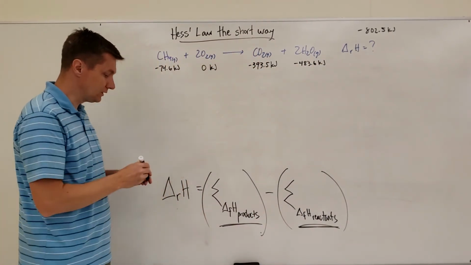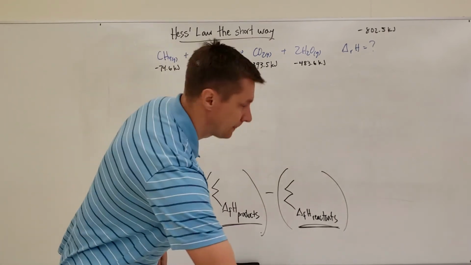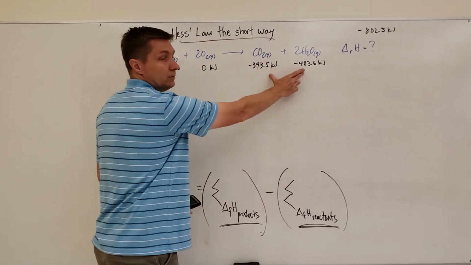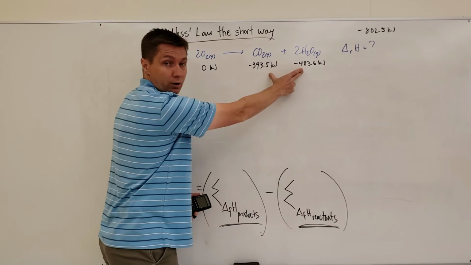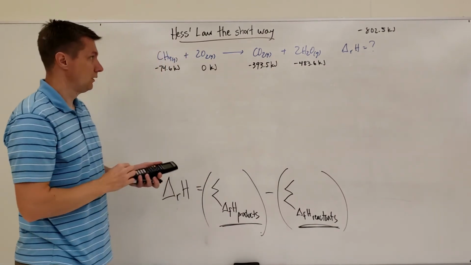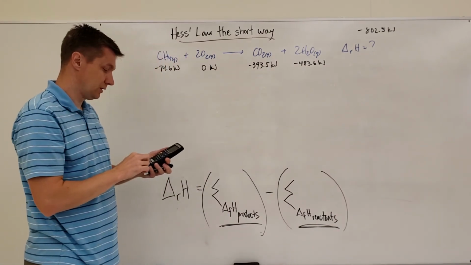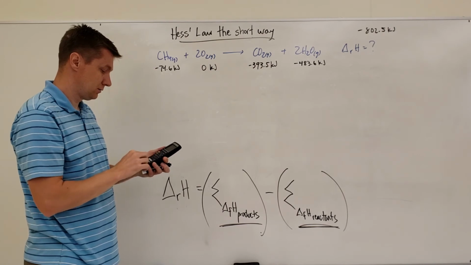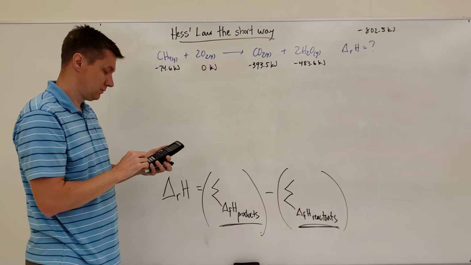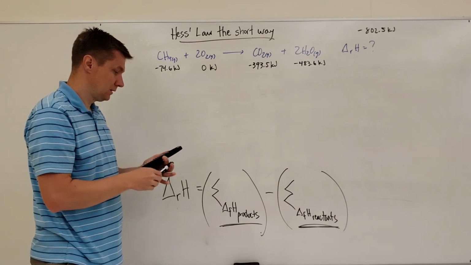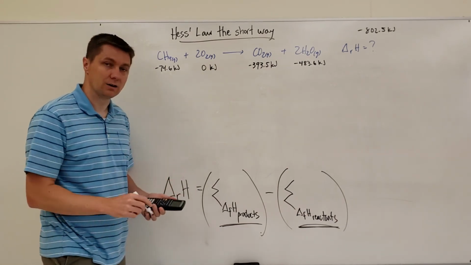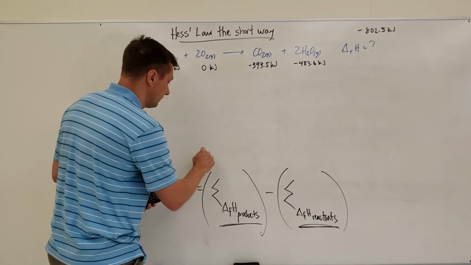Now I just take my calculator, and I take the sum of the heats of formation of the products first. I add those numbers together, and that gives me negative 877.1.